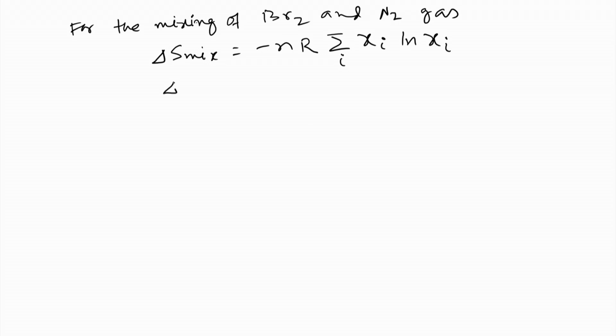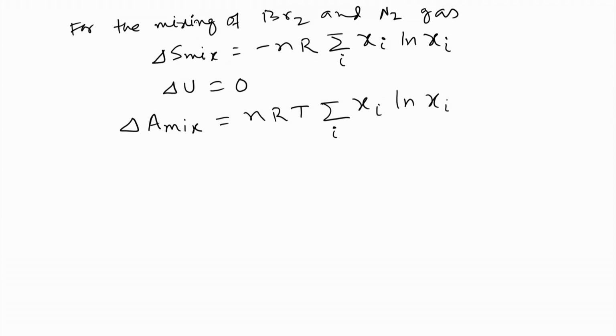And for this mixing process delta U is 0. So, what is delta A there? Delta A mix is nothing but N R T sum over i x_i ln x_i. And since mole fraction is a fractional quantity, we can say delta A mix is less than 0.